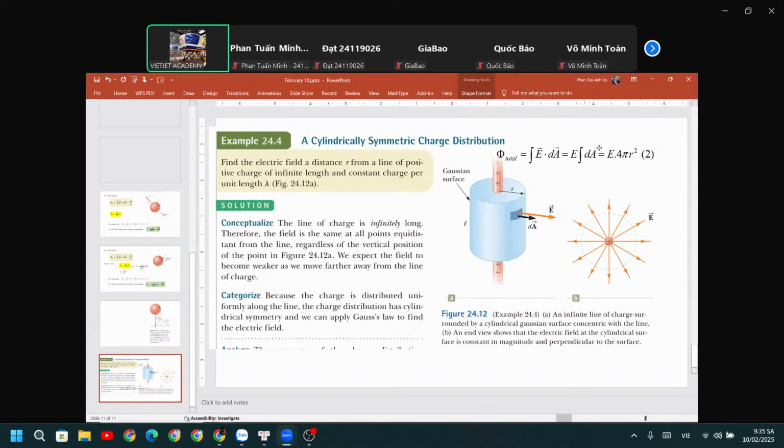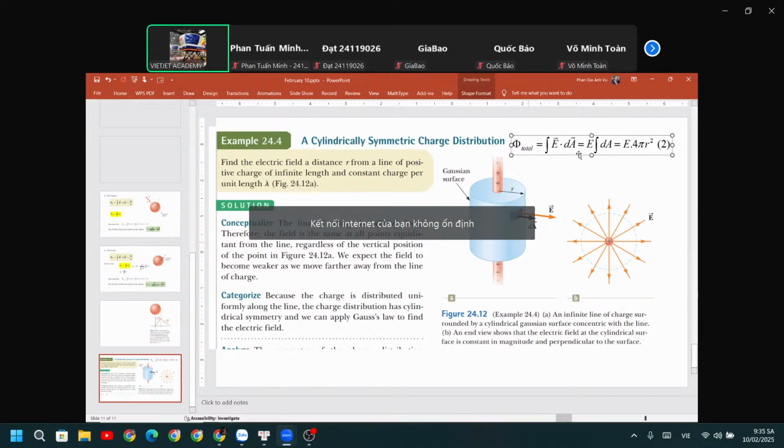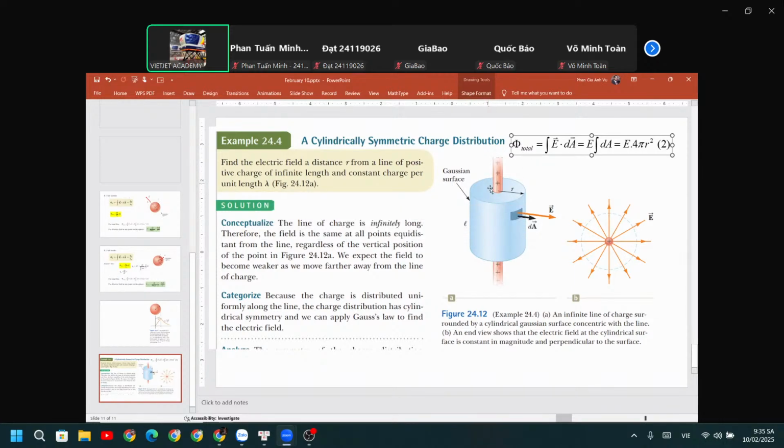And for the flux through the side, I can easily calculate it. When you cut the side out, this is a rectangle. This is the curved surface, right? The total flux will be the side only because the top and the bottom are zero. So you have the integral of E dA, but E has the same value everywhere, so we can take it out.